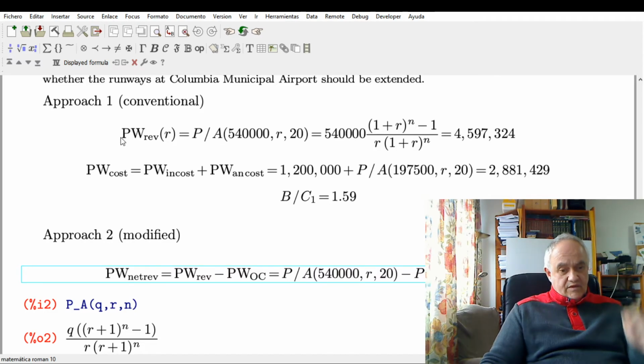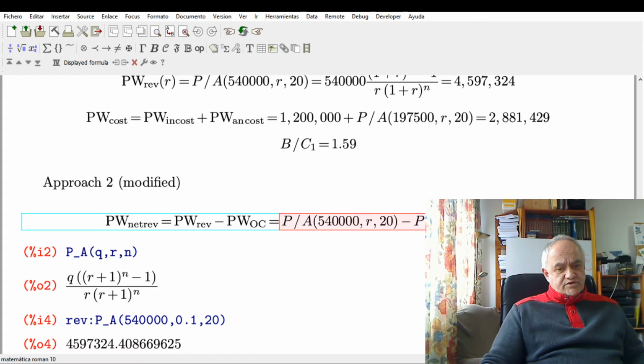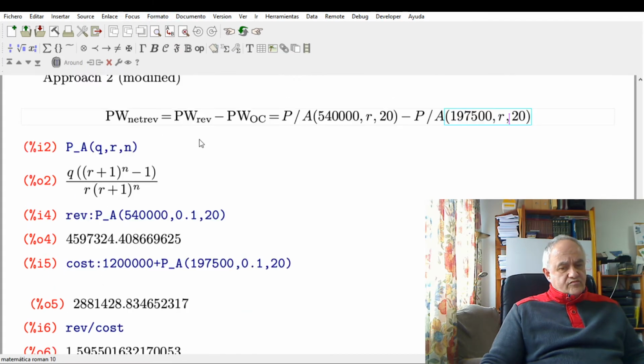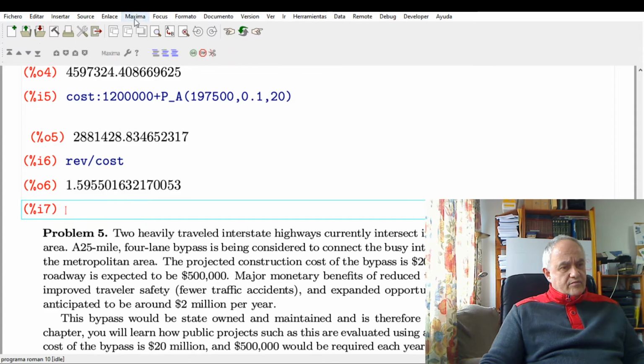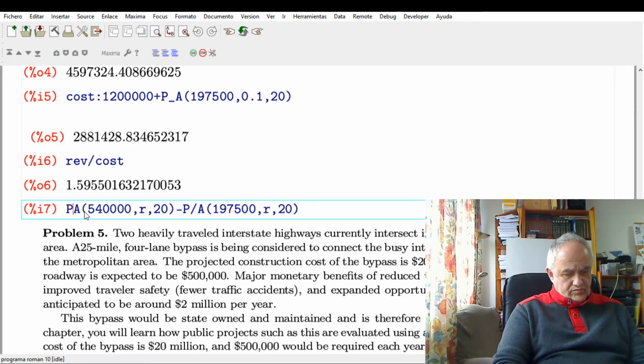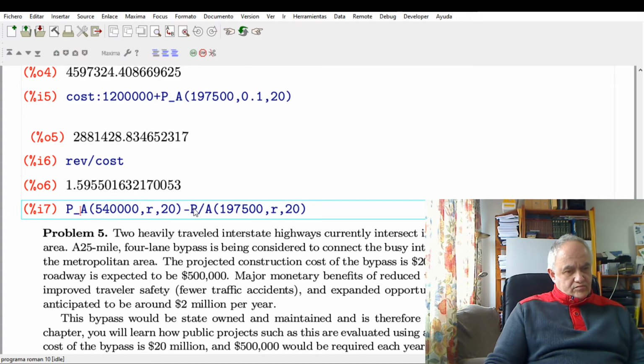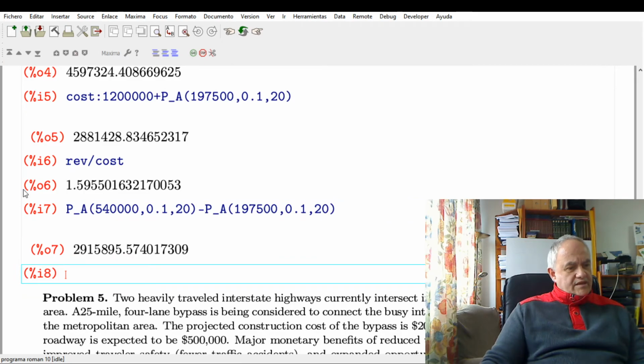Okay, if we use this expression for a given value of R, we'll get this amount.